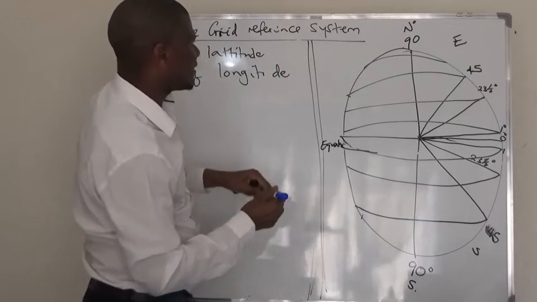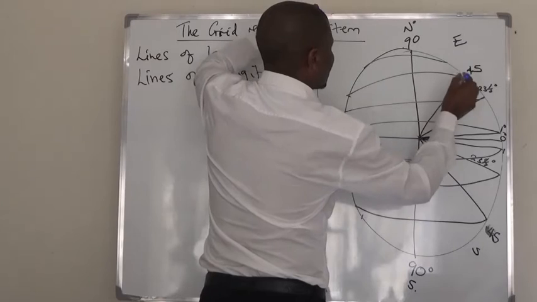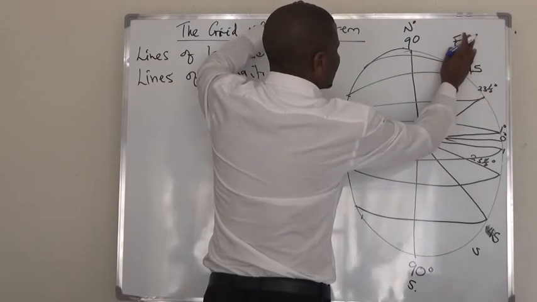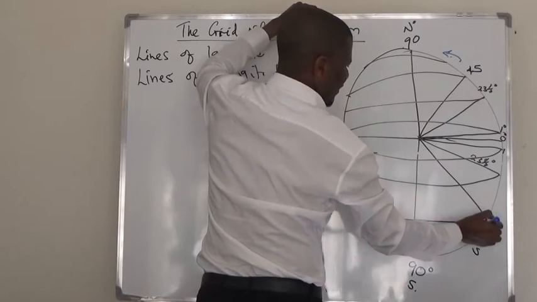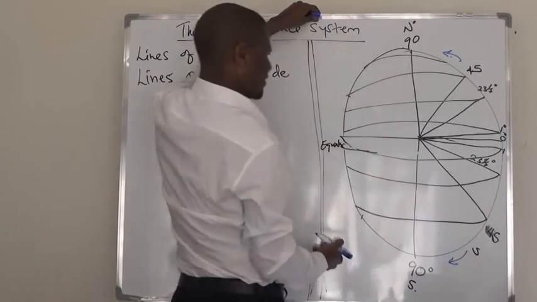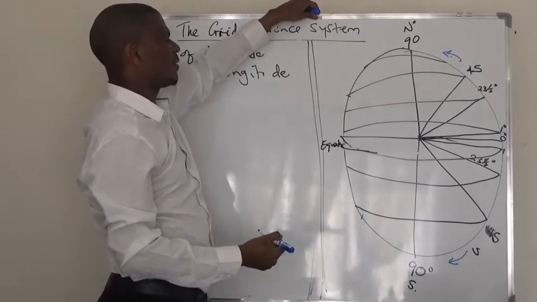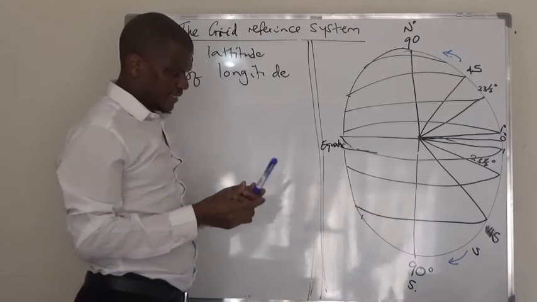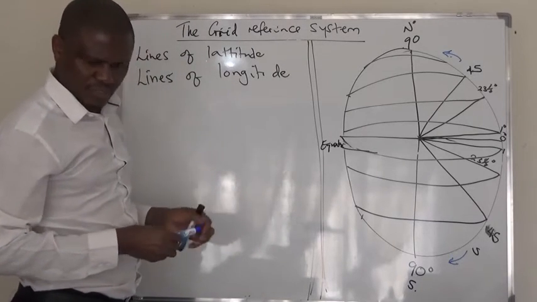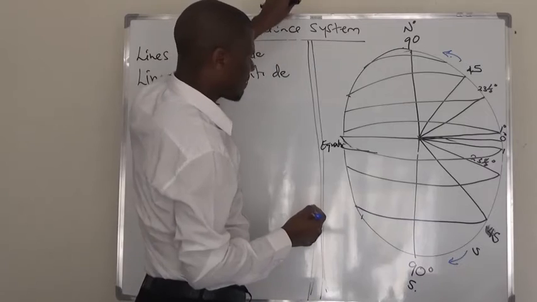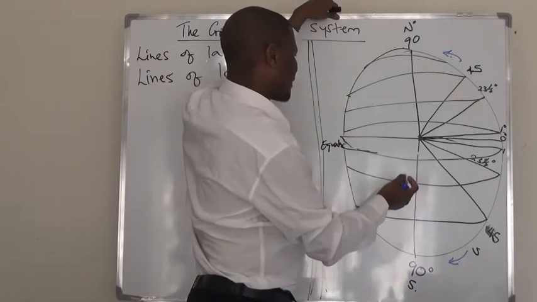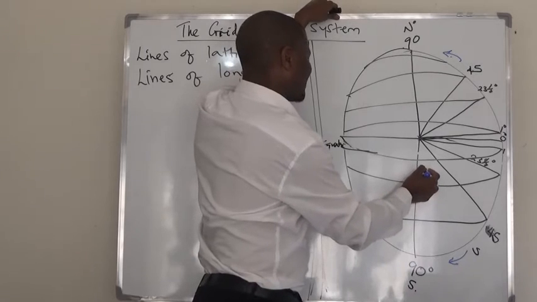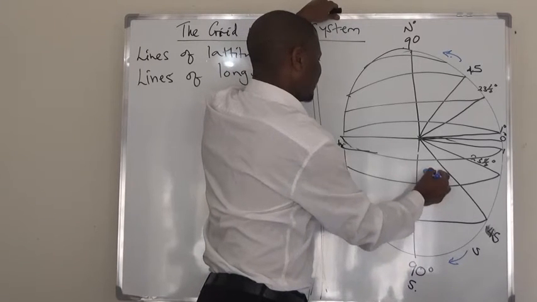So that, as you can see, all the lines towards the north are increasing, and those towards the south are increasing. Imagine that you have, say, a city like Johannesburg, which is located somewhere there.